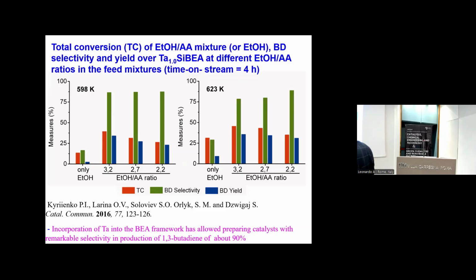So we form above 90% selectivity to 1,3-butadiene at this temperature on the zeolite with 1% of tantalum. It means that incorporation of tantalum in the zeolite gives us a good catalyst for production of 1,3-butadiene.